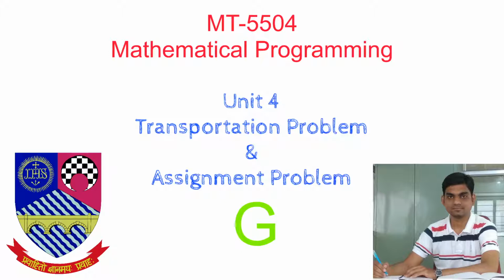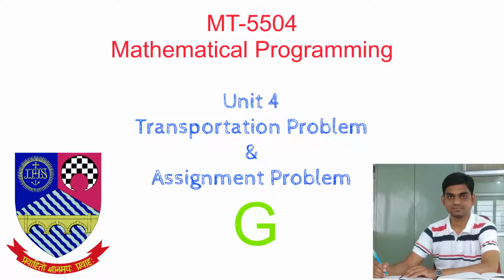So today, we will see the stepping stone method, by which we can check whether our solution is optimal or not, and if your solution is not optimal, then via the stepping stone method we will reach the optimal solution.